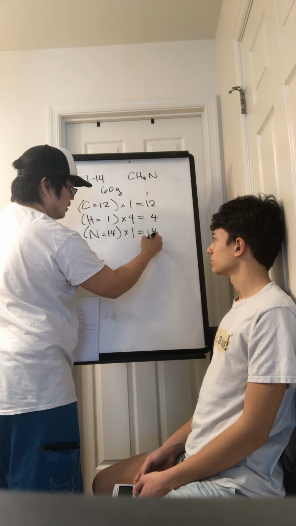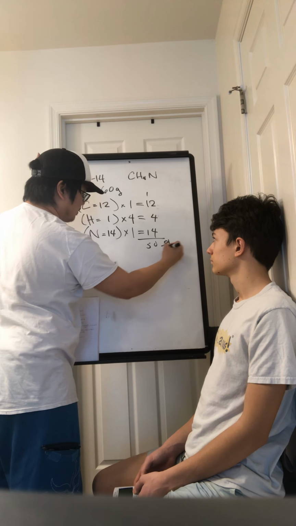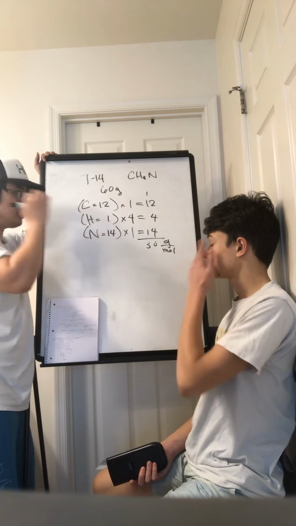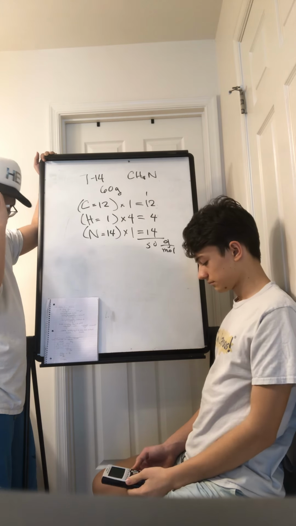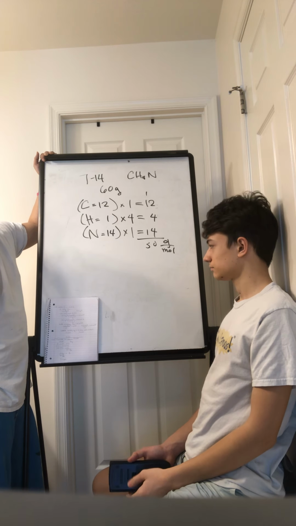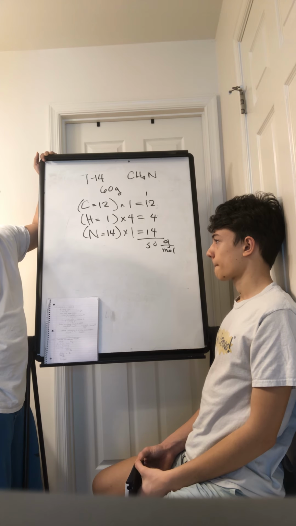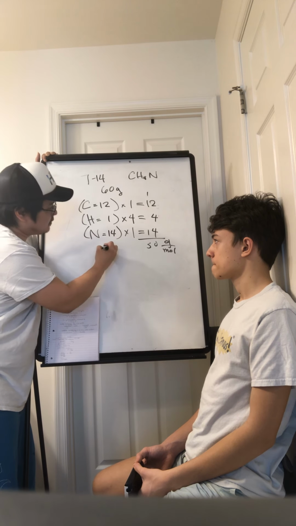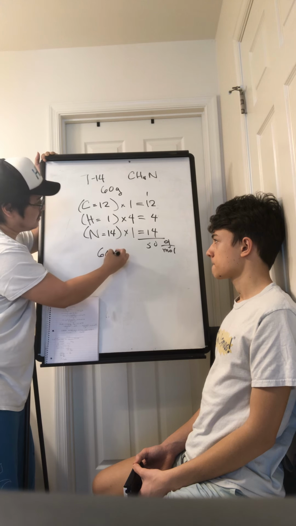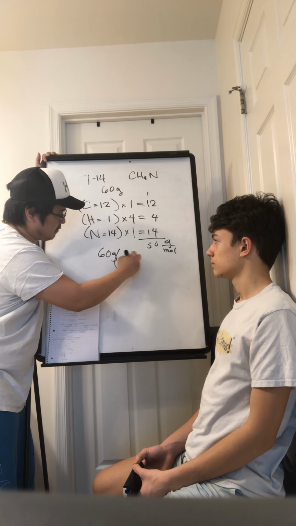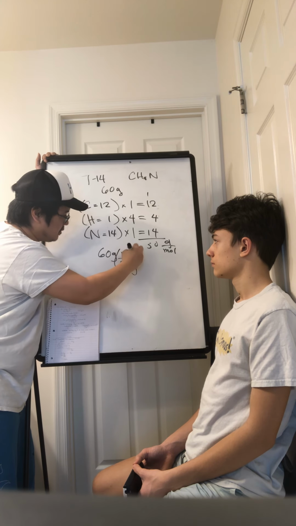So it's 30 grams per mole. This thing is 30 grams per mole. I am dealing with 60 grams of this stuff. Basically, 30 grams per mole. This gives me a factor of straight up 2.